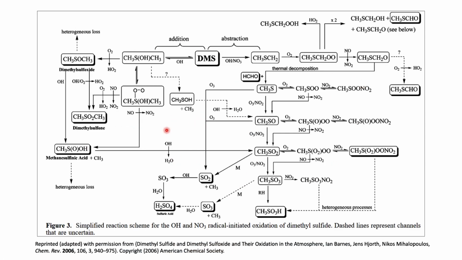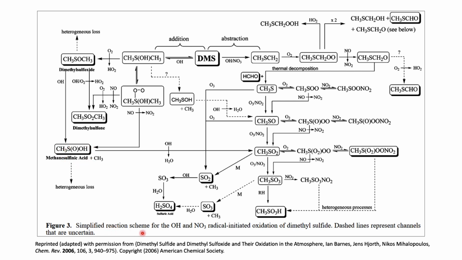So here is a complete chart which explains the various radical and ionic reactions involved in the complete conversion. Here is our main dimethyl sulfide. This undergoes various reactions, where OH means OH radical, or OH and NO3 gas may be present. So DMS undergoes either addition reaction or abstraction reaction that leads to various intermediates as shown here, and many of these transformations finally lead to methane sulfonic acid as shown here.